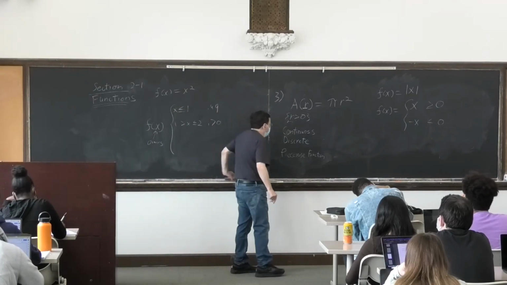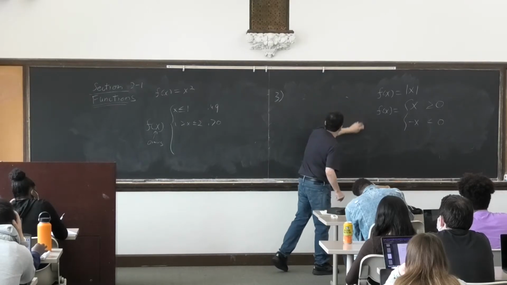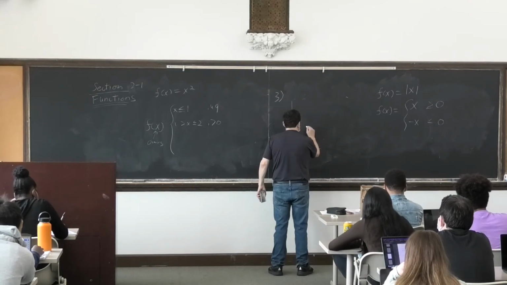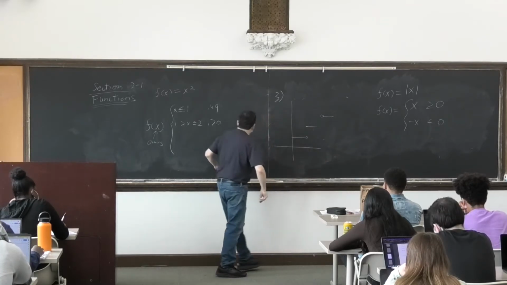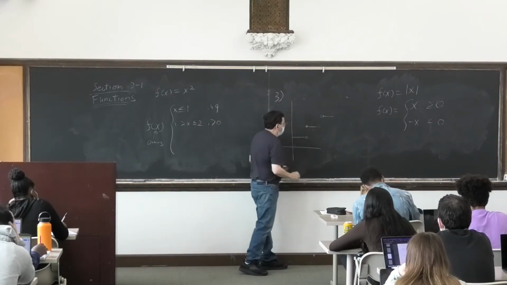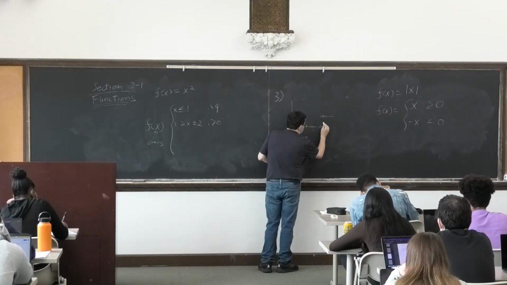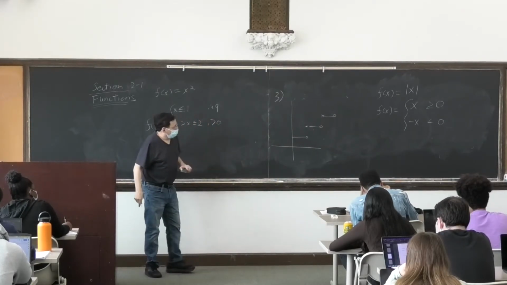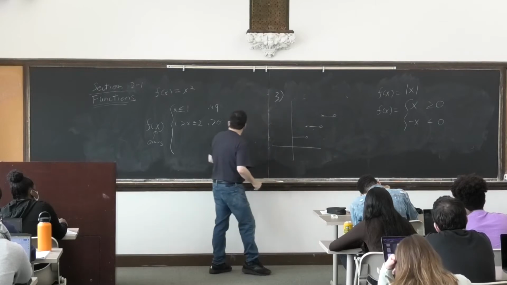Now, if I gave you a graph of a function and it looked like this, and so forth, you might be inclined to describe it as a discrete function. It actually looks just like this. We have another name for it too.